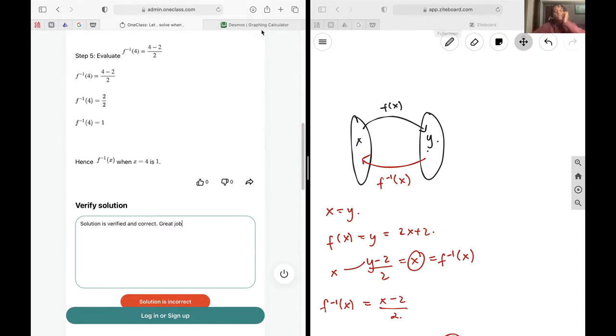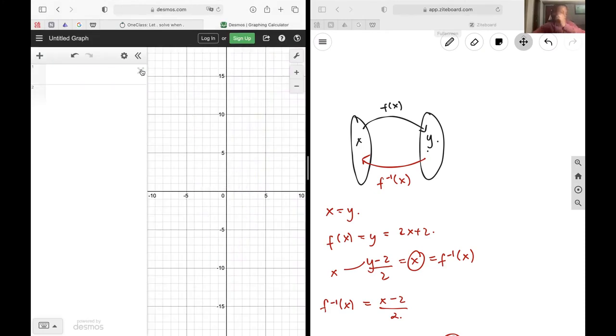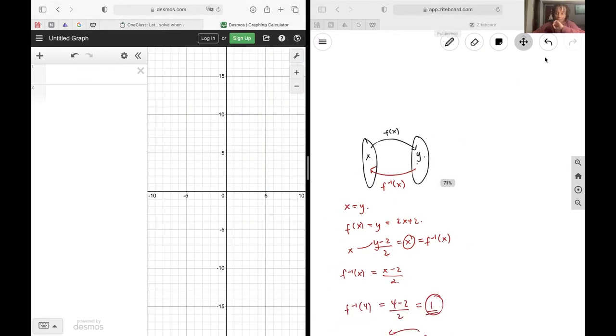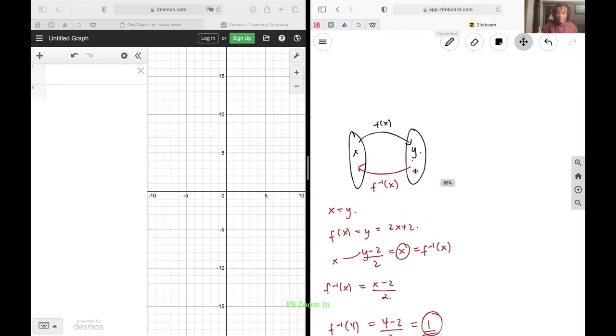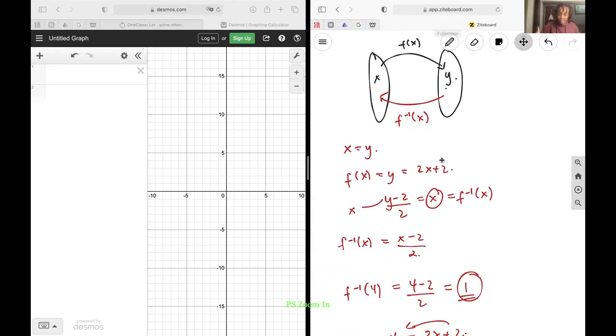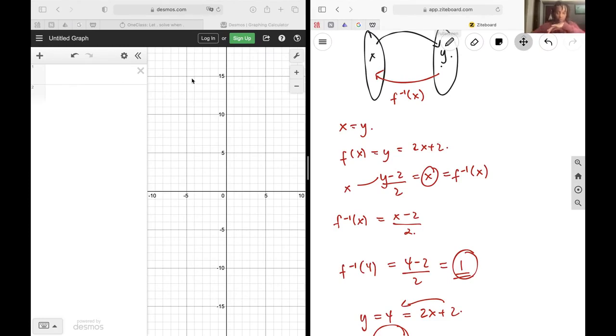All right, let me just explain that a little further. Since, as I mentioned, we're reflecting in the line y is equal to x, graphically it's going to look exactly like that. For my function, I have 2x plus 2.